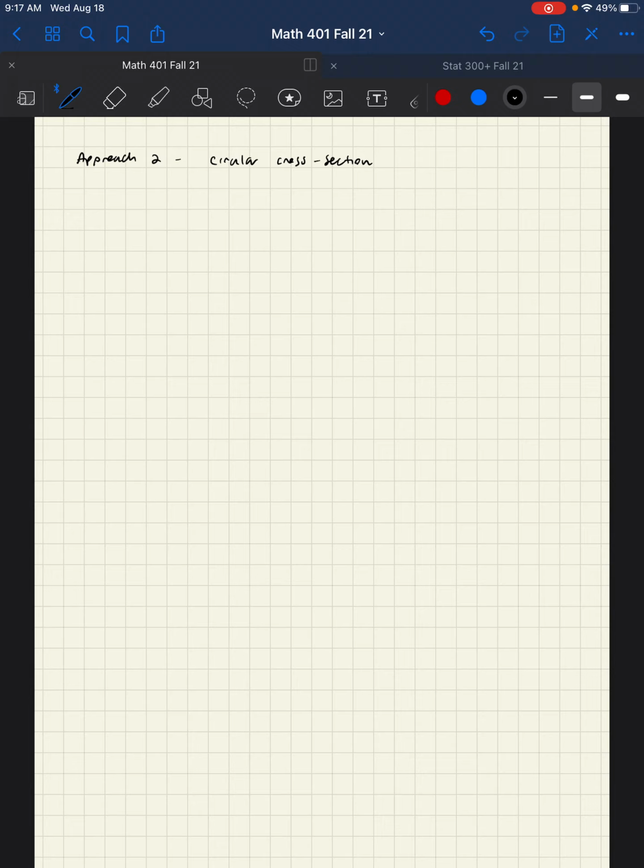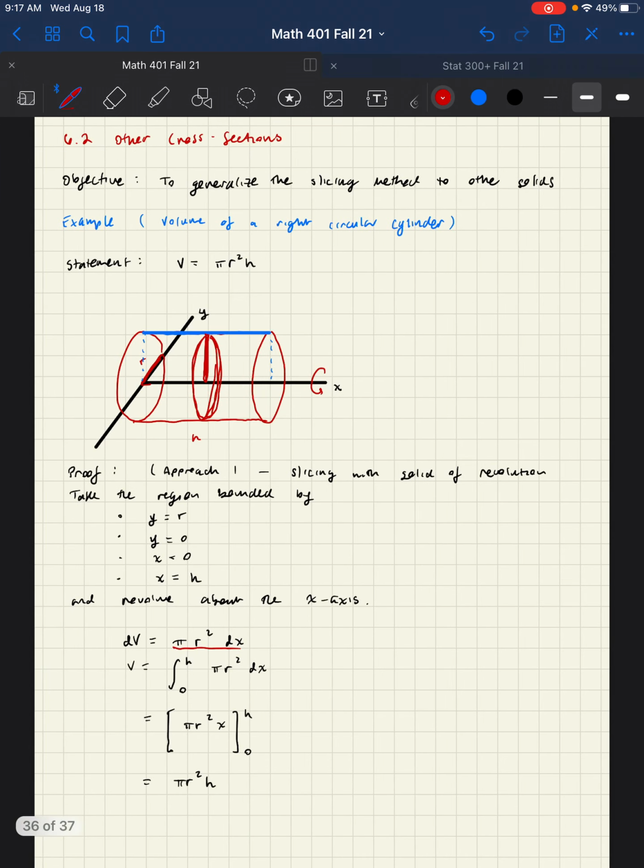So this is more akin to the more general approach that we had in the beginning, which is that we are thinking about volume as the integral from a to b of the area function of some cross-section, infinitesimally thin, times dx. Importantly, this cross-section is a circle of radius r.